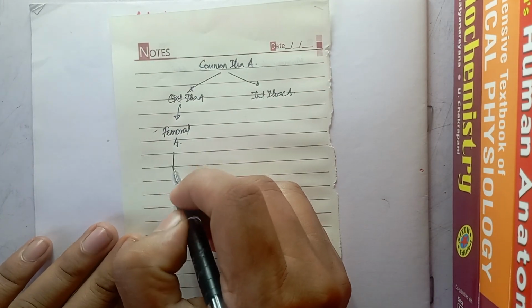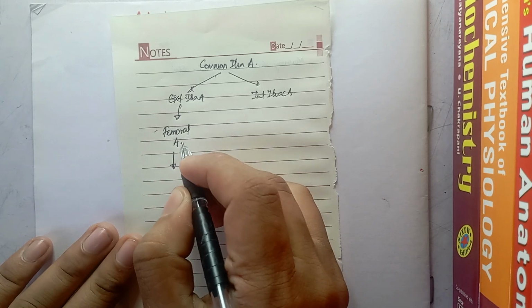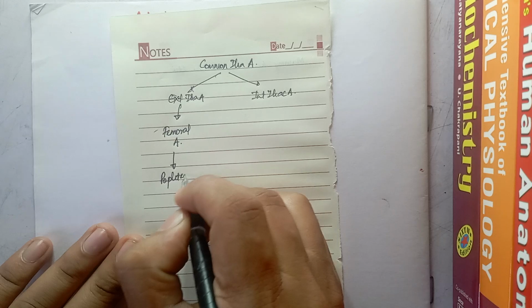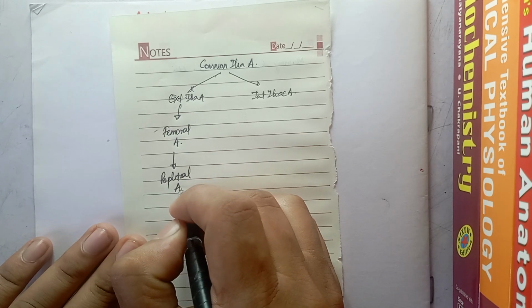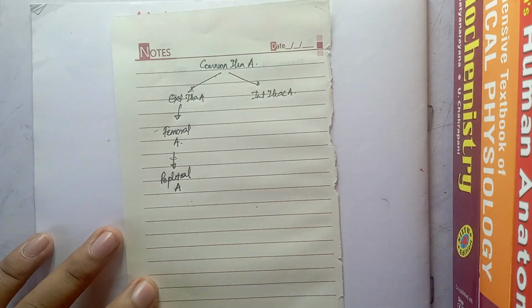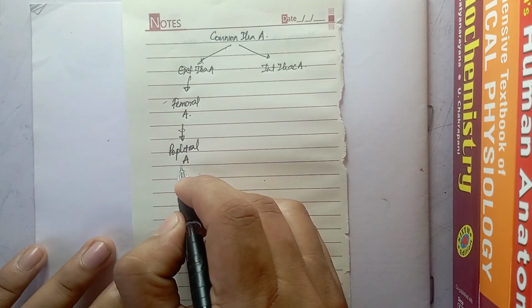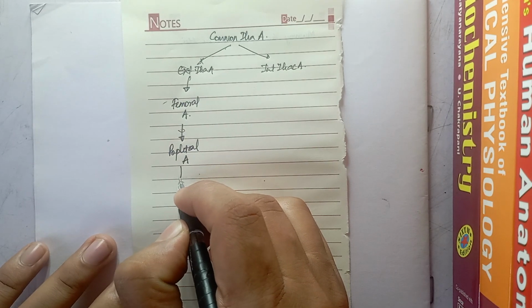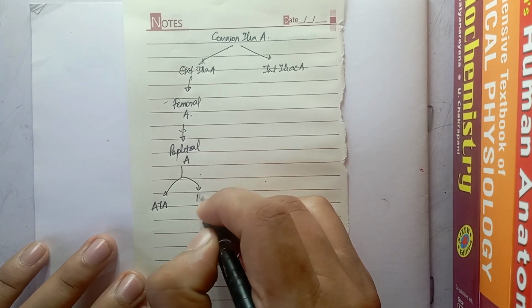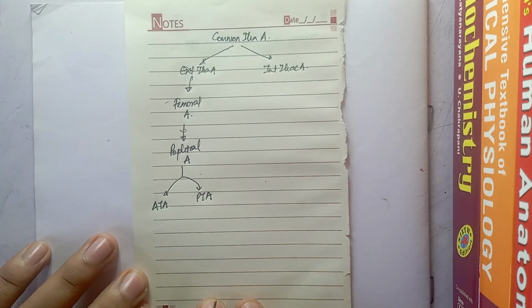As it moves further down its course, it will be called the popliteal artery as it passes through the adductor hiatus and moves to the posterior part of our thigh. Then the popliteal artery will be divided into the anterior tibial artery and the posterior tibial artery.